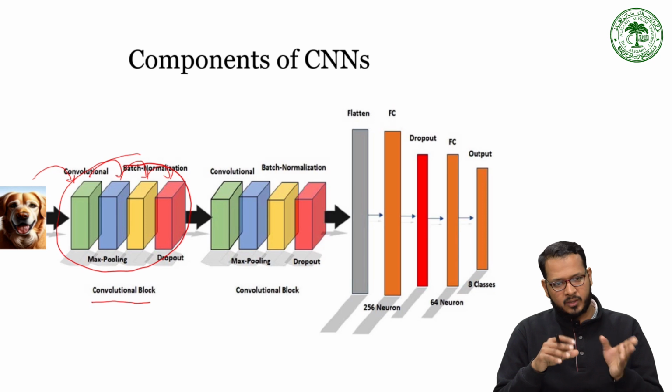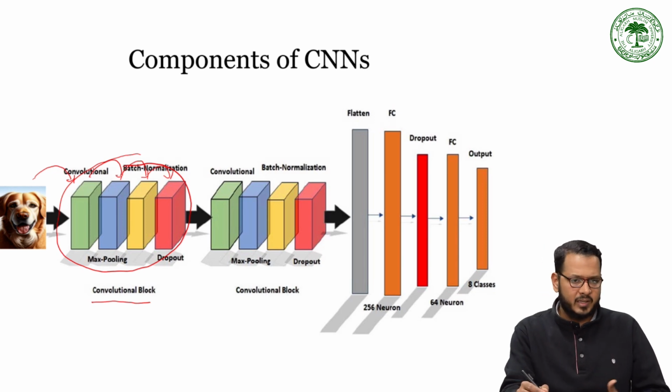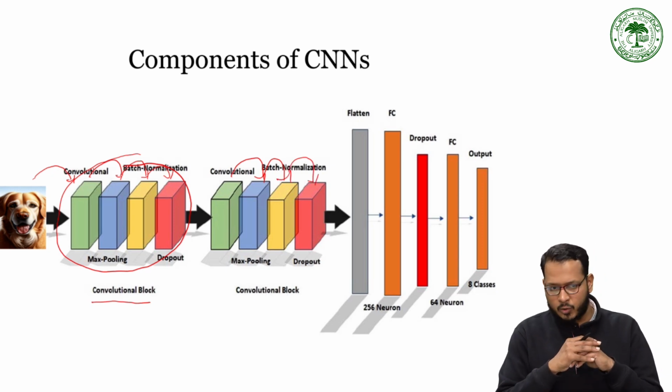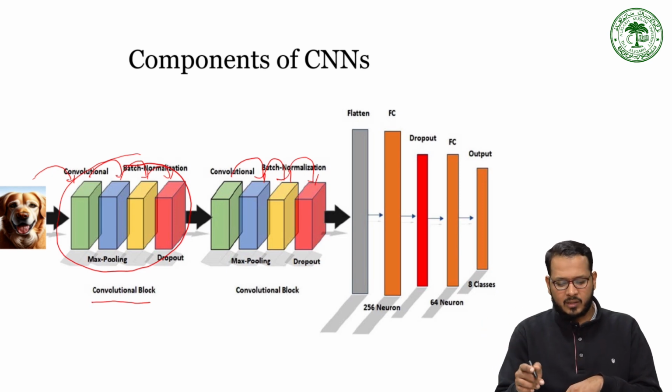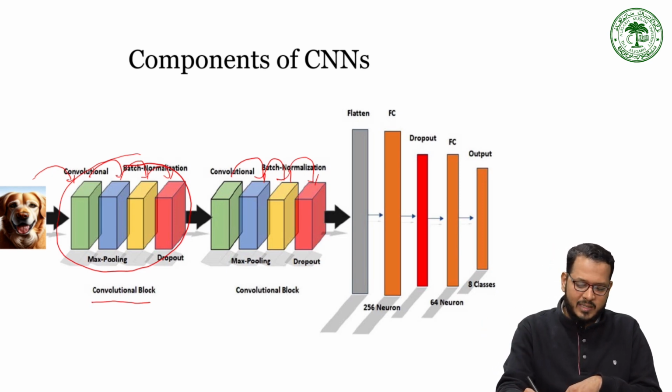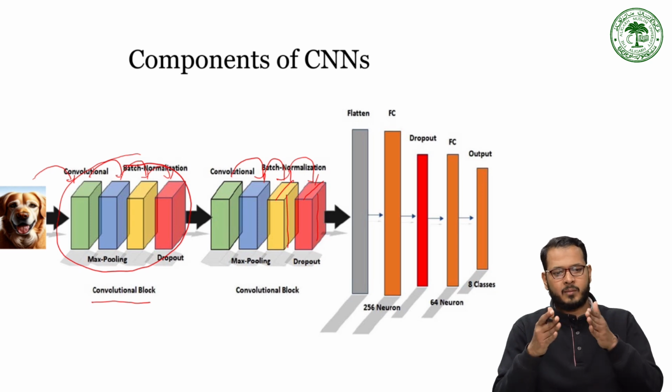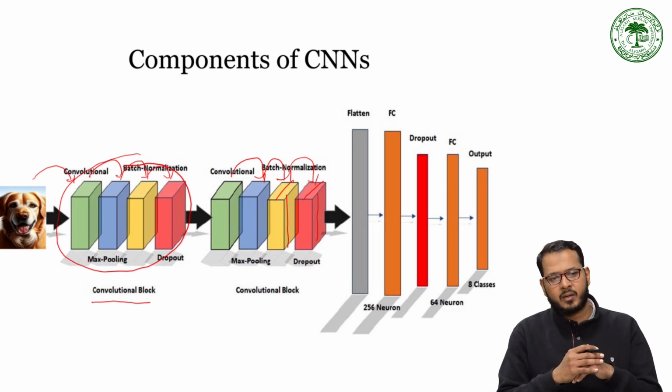The output of this block is supplied to the next block, which is arranged in a similar fashion, starting from convolutional to pooling to batch normalization, and once again the dropout. Now, before making the final predictions, these layers are multi-dimensional in nature, so they need to be flattened out in order to make them like a regular layer of the neural network.